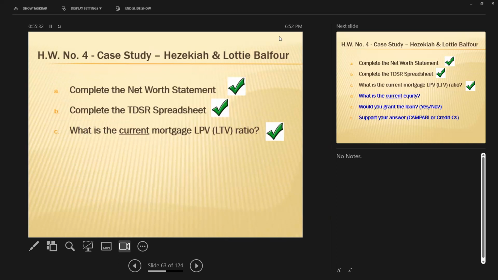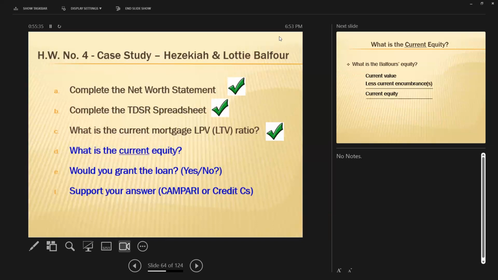So let's now look at the current equity. The last three things we were looking at are the Balfours, and we intend to complete this similar to how we did our in-class case study with the rules. So what is the current equity?